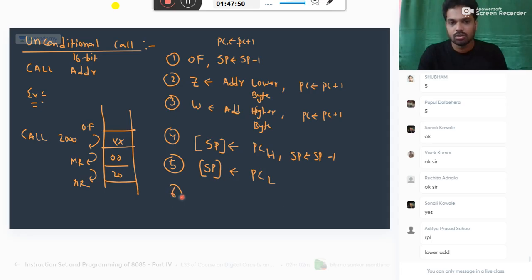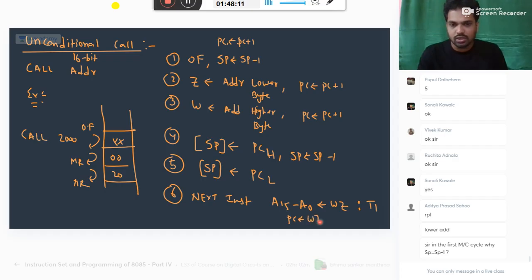Next instruction: the address bus is copied with WZ in the first T states, and PC will be copied with WZ plus 1 in the second T states.